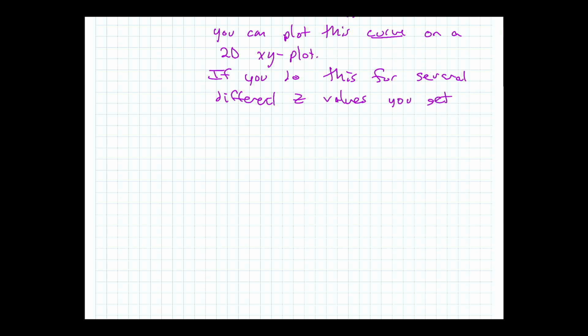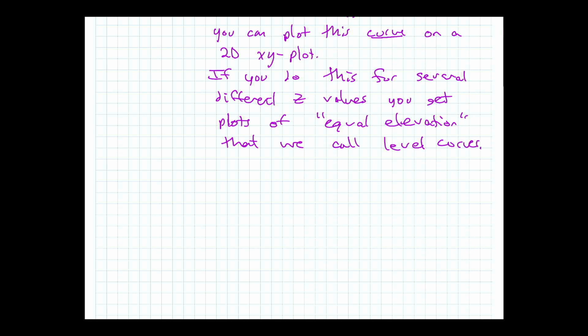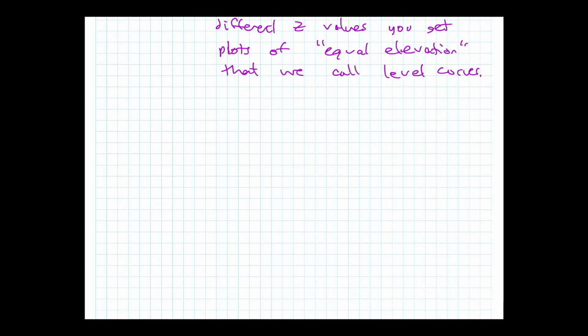You get what we call level curves, of equal elevation. So for example, I was not going to do this yet, but I guess I am now. Suppose we have a function like this.